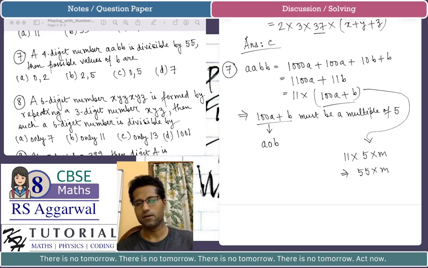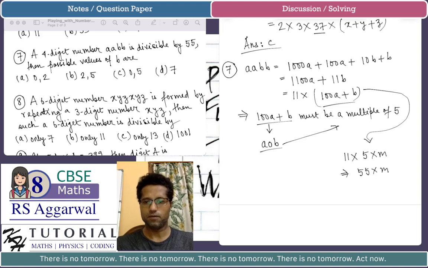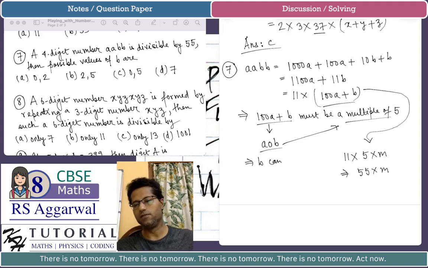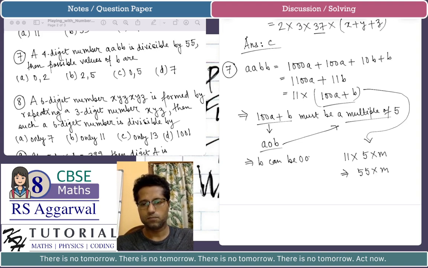So the general form of the 3-digit number A0B is 100A plus B. Now this number A0B is a multiple of 5. We know that any number divisible by 5 has the digit at the units place as 0 or 5. So B can be 0 or 5.